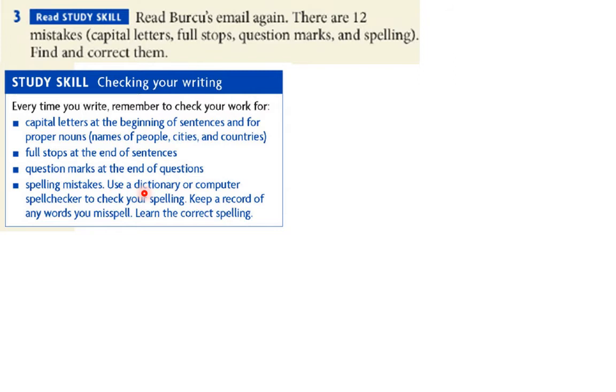First, use dictionaries or a computer spell checker in order to find the correct spelling, and then record any word we have misspelled on a paper, and record the correct spelling. This will help us to remember the correct spelling. Now let's go to the email again in order to find the 12 mistakes.